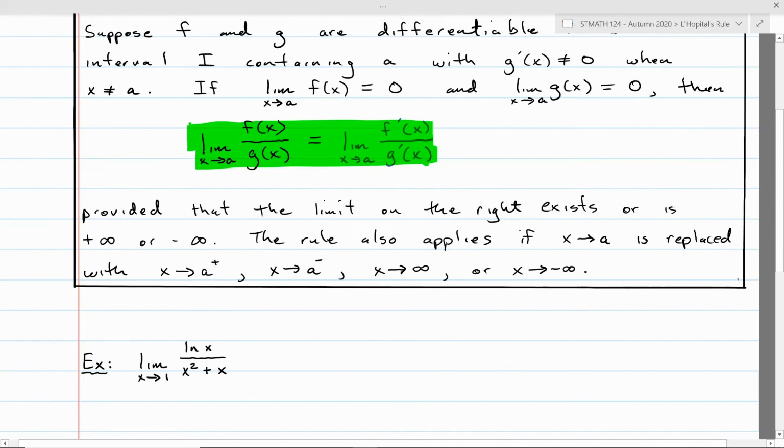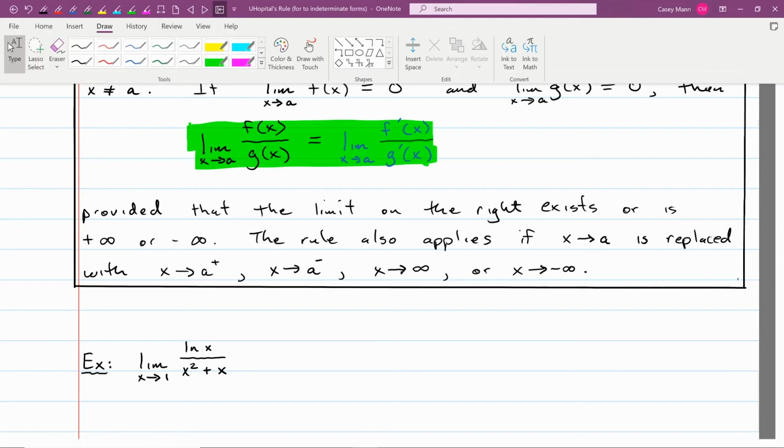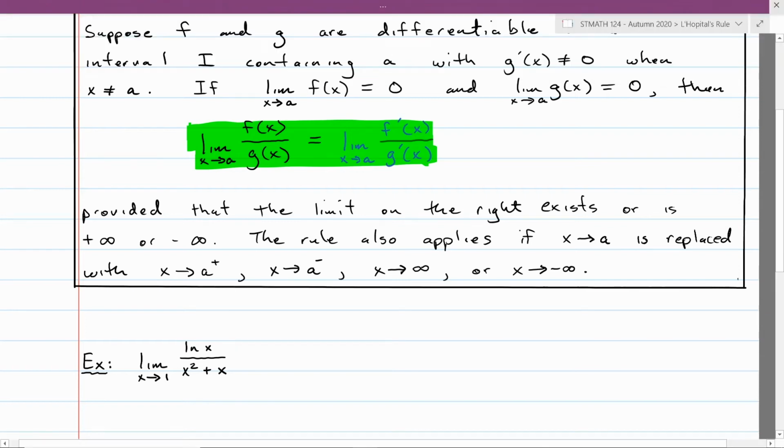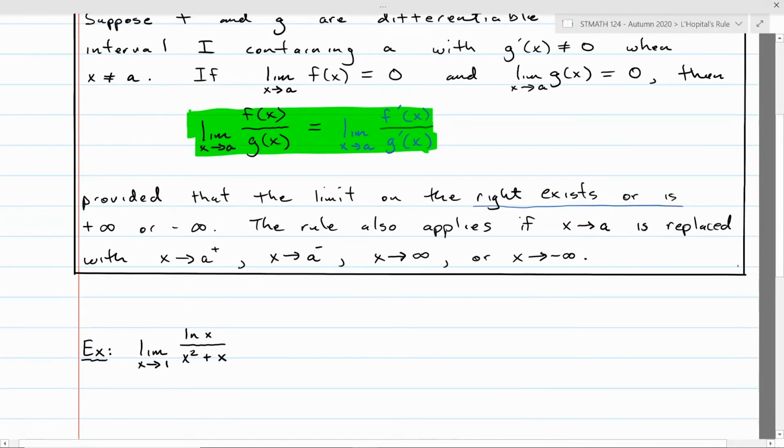And then this rule also works if you replace x going to a with either right or left-hand limits as x approaches a, or you can allow x to go to infinity or negative infinity on this limit too. And one other thing that's important is that these two limits are equal, but it only makes sense if the limit on the right exists or it evaluates out to plus or minus infinity.